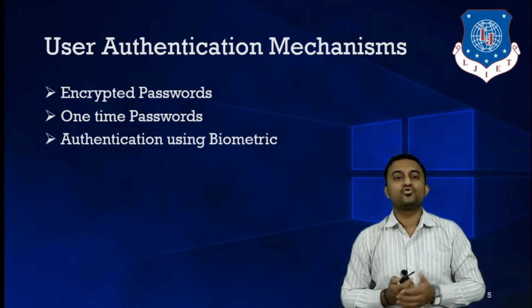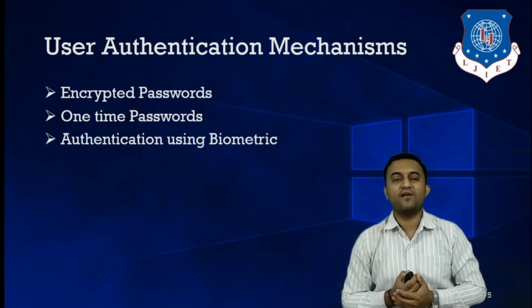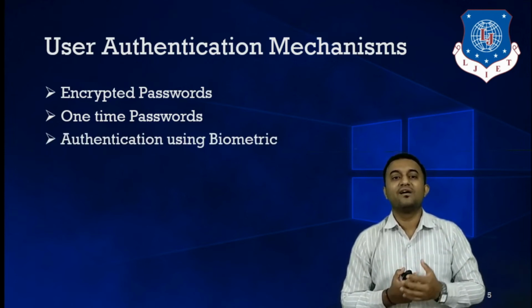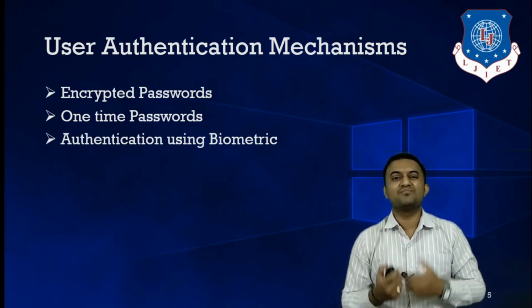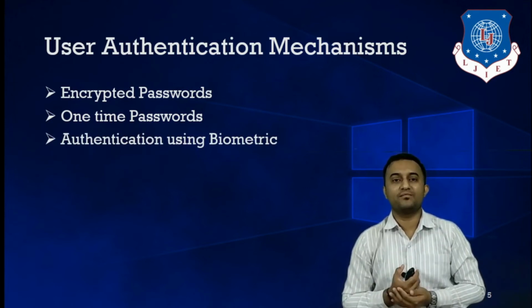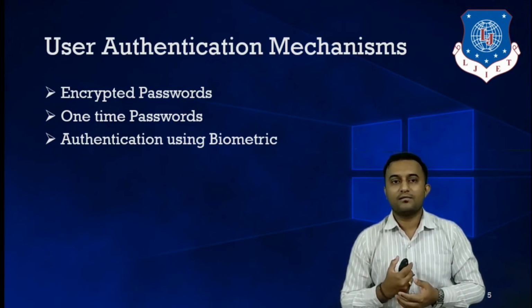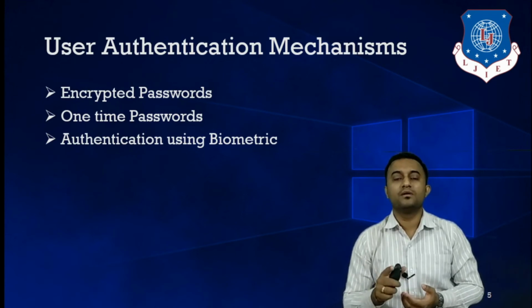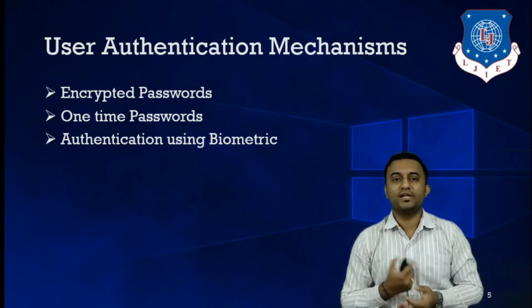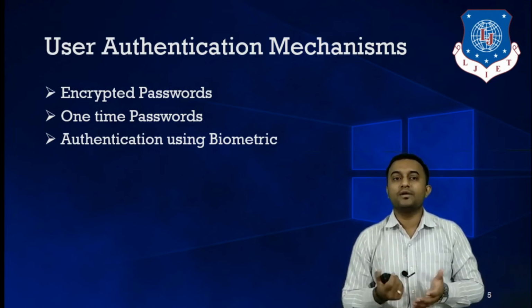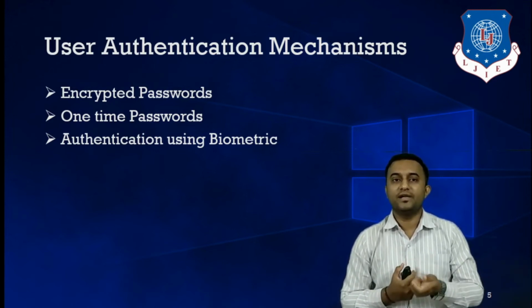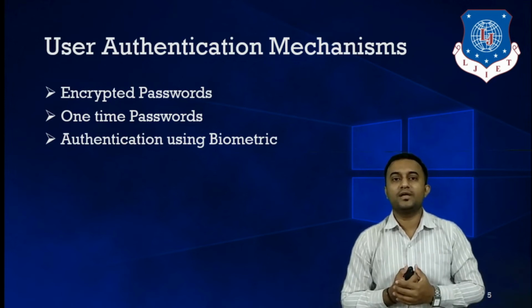Okay. One more mechanism we have for user authentication is authentication using biometric devices. For example, we do a thumb impression on the biometric device on a daily basis to prove our presence in the college. Fine. So that is nothing but user authentication.